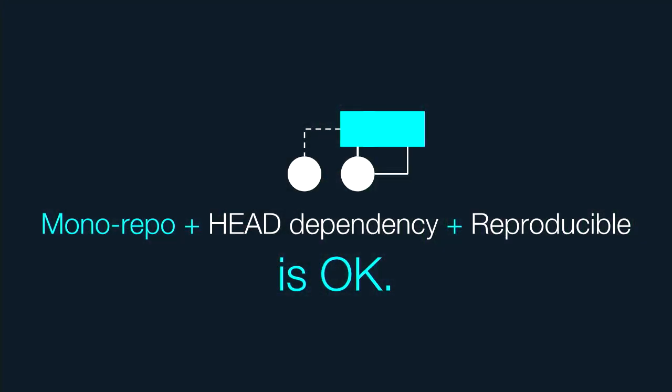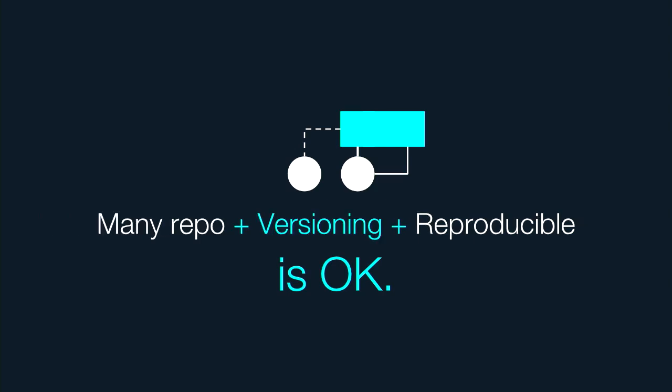Because the identifier of, let's say, Git is the reproduce key. So you just have the identifier, and you get head dependency because everything is the same code. And you check it out, and you run the build, and everything is OK, assuming that you have correct rule sets and so on, right? OK. So if you use versioning and many-repo and reproducible, we're also good.